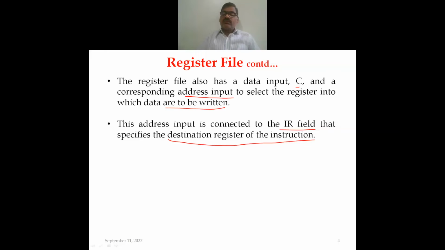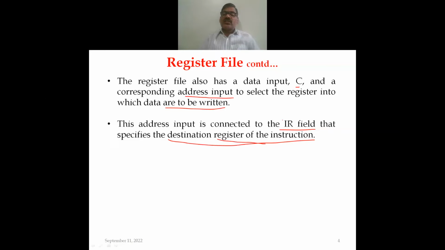So we read from the source registers and perform the operation, and the result we get after the operation will be in the operand C, for example. Then C has to be written to the destination register in the processor.